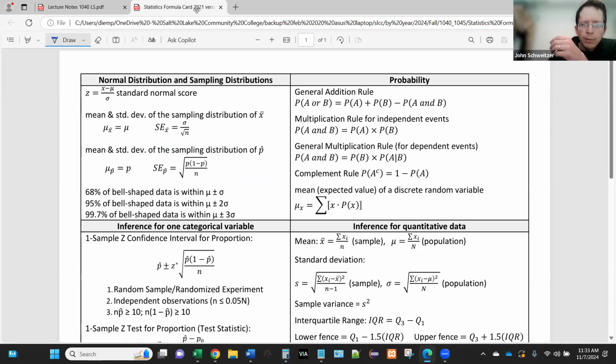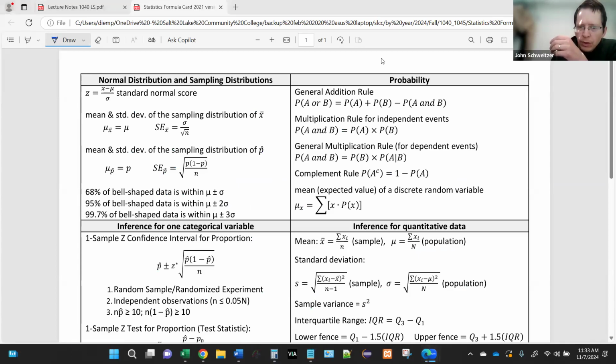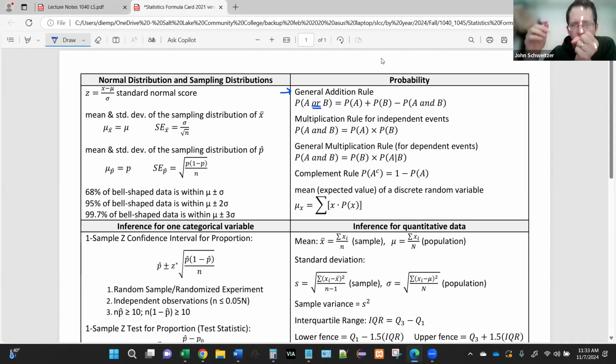So what do you need to know from probability theory? Well, it's mostly these rules here. We need to know the addition rule. That's for when we're looking at an or compound event. The general addition rule helps us to take apart that event and calculate its probability. The other major rule is the multiplication rule, and the more general form of it is here.